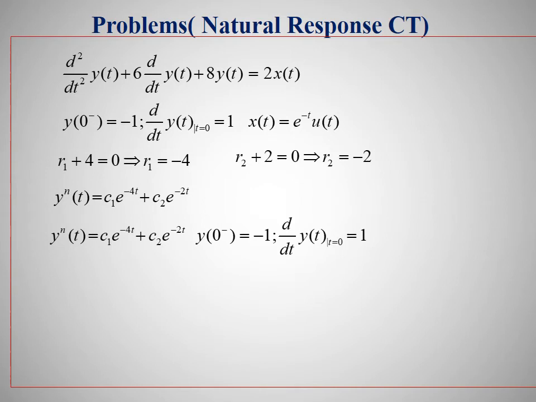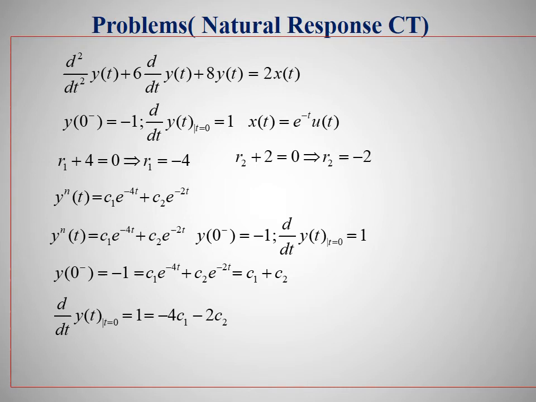Thus the natural response solution is yn of t is going to be equal to c1 into e power minus 4t plus c2 into e power minus 2t. And substituting the initial conditions, y of 0 is going to be minus 1 and d by dt of y of t at t equal to 0 is 1.